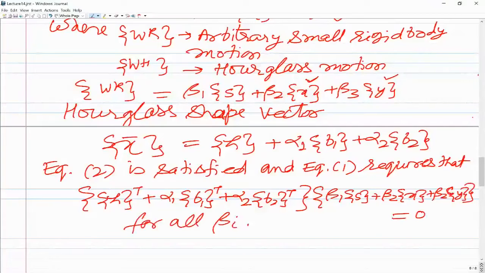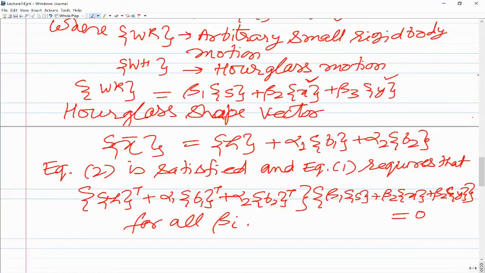Now if this product has to be 0, that means whatever hourglass shape vector we are getting should be orthogonal to the rigid body mode. That means it would be activated only when the hourglass modes are active, and this would be a null vector when only rigid body motion is taking place. If the element or the mesh of elements is moving rigidly, then this vector has to be 0.